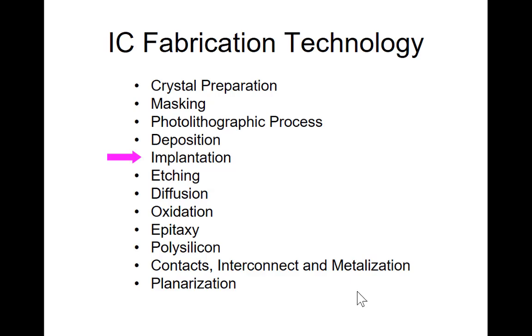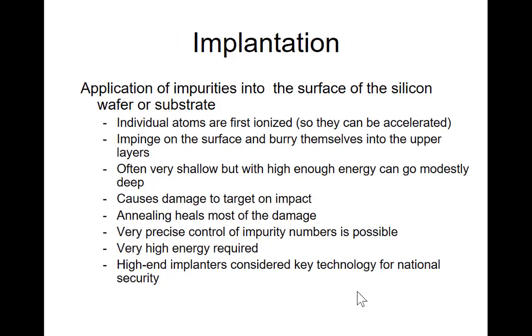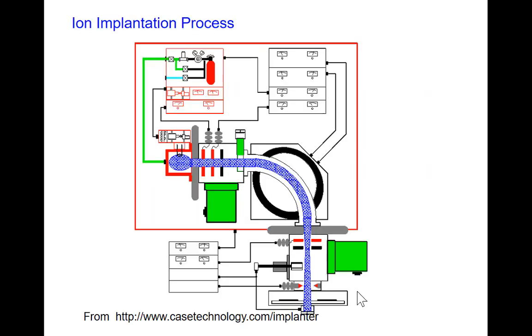The ions can go somewhere below the wafer surface and stop there, randomly located in there, and you can use that to put some materials into the wafer.